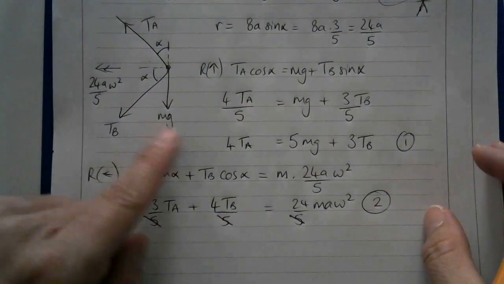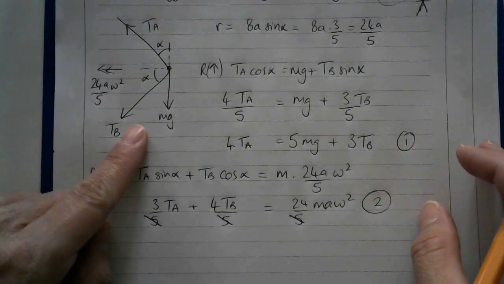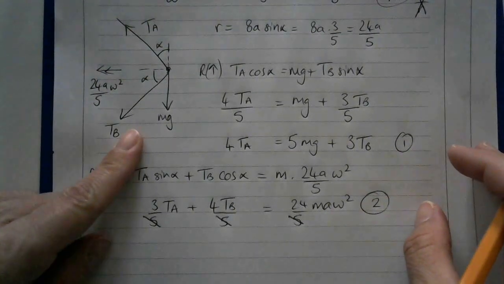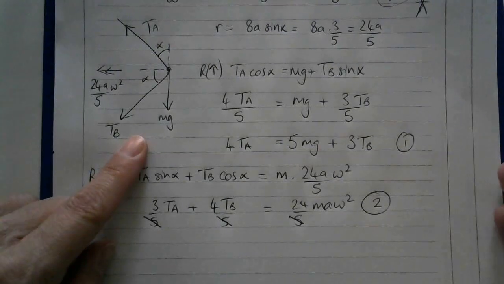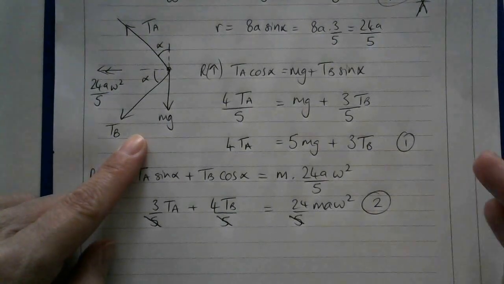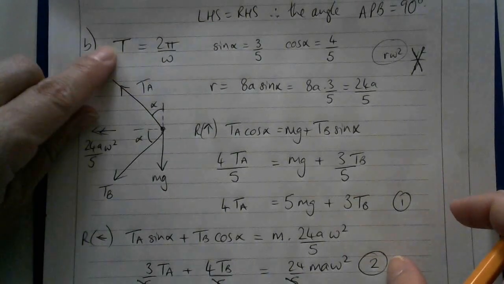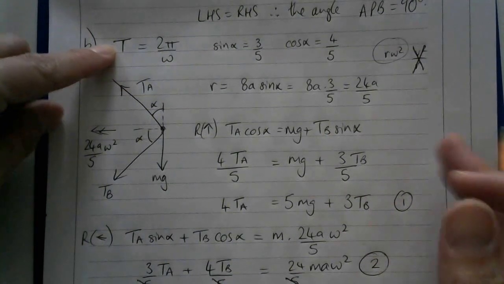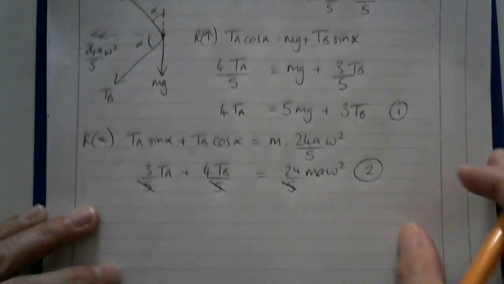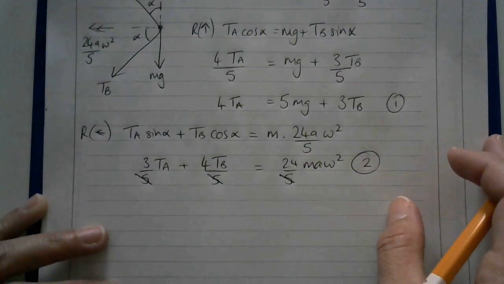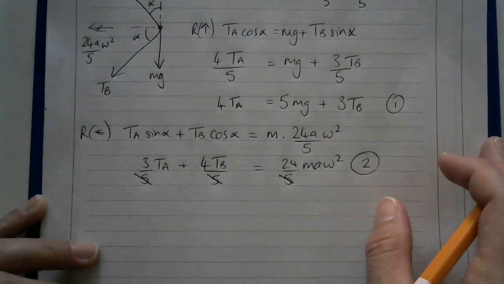So I'm going to work out what TB is and then say that TB needs to be bigger than or equal to 0, and therefore I'll get an inequality to pop into here, and so I'll essentially get an inequality for t.